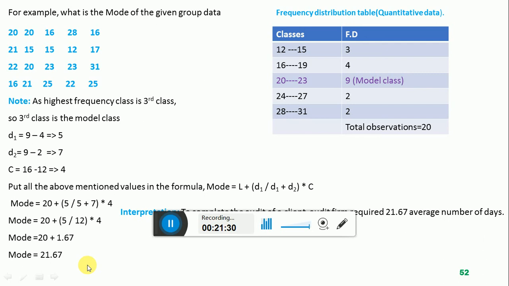The interpretation is that the audit firm on average requires 21.67 days to complete the audit of a particular company, client or university.